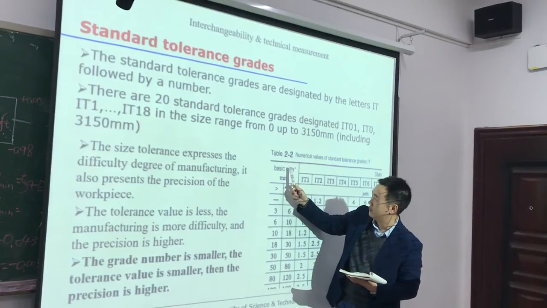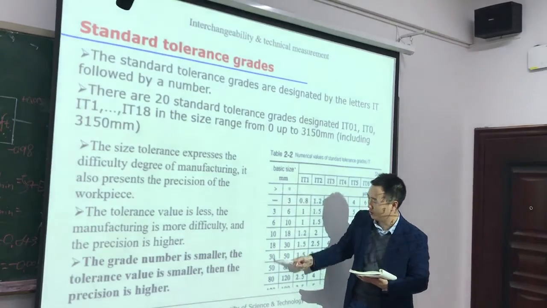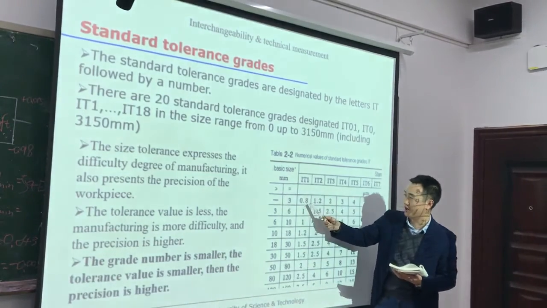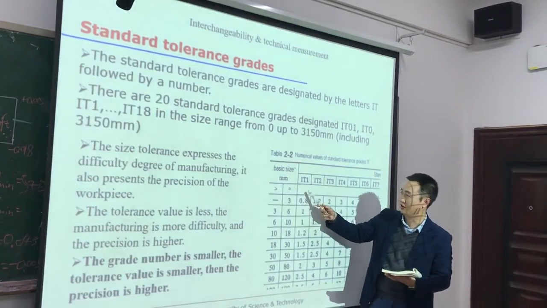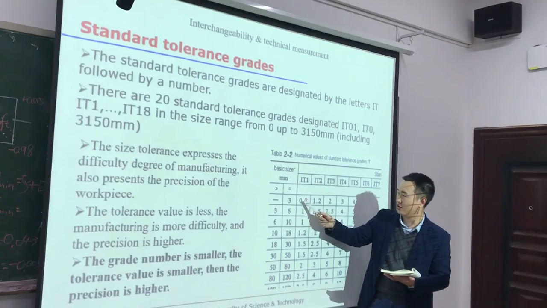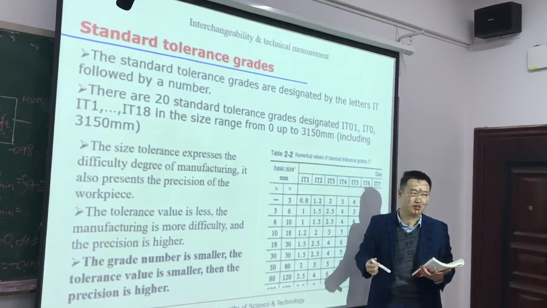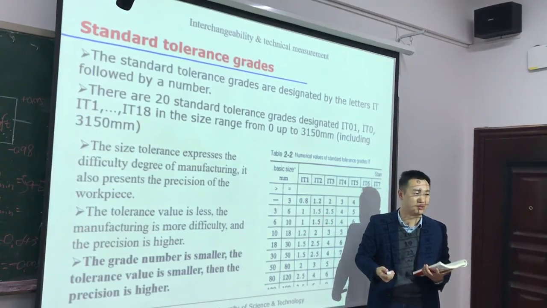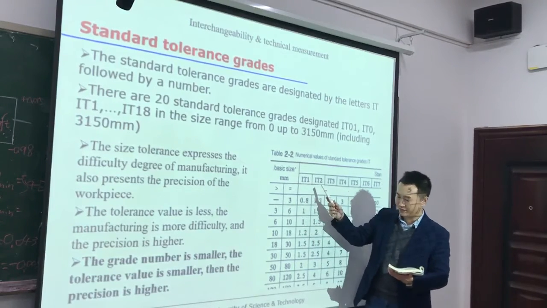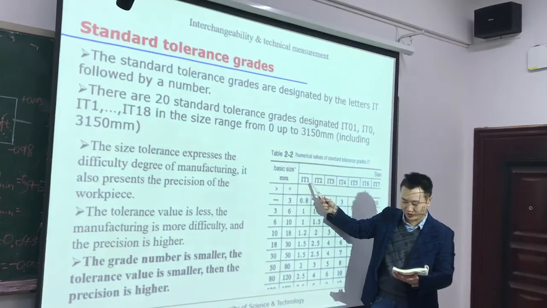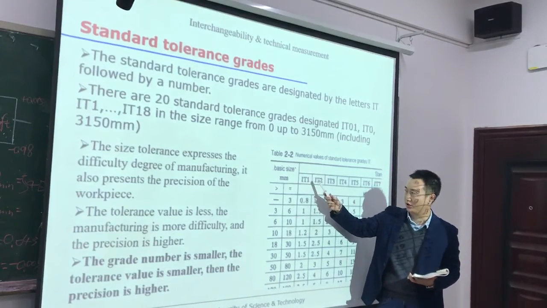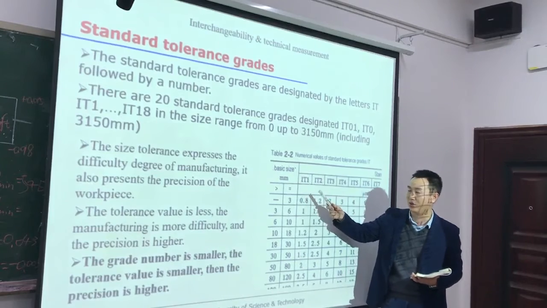Because when the basic size increases, maintaining the same tolerance, for example here at 0.8, will become more difficult.